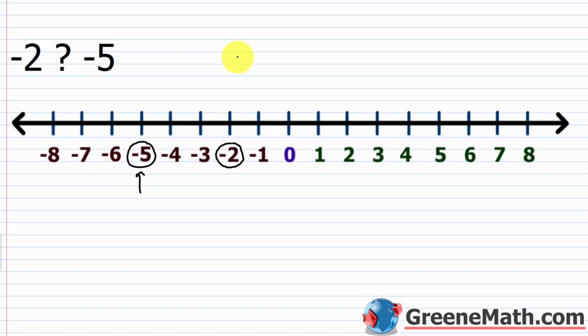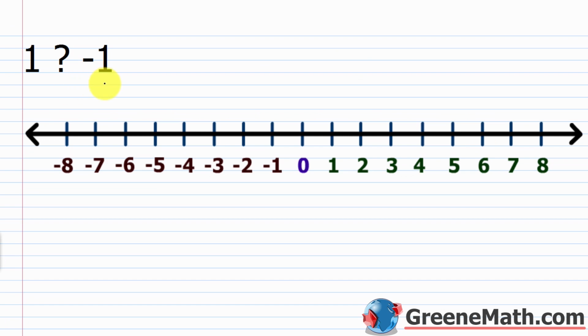So if we look at negative 2 and negative 5, again, my choices would be to use this symbol, which is the greater than, or this symbol, which is the less than. Point the symbol to the smaller number. Negative 5 is smaller, so we use the greater than. Okay, negative 2 is greater than negative 5. And again, thinking about it the other way, negative 2 is to the right of negative 5, so it's bigger. Or again, thinking about it the way I just said, negative 5 is to the left of negative 2, so it's smaller. Either way, negative 2 is greater than negative 5.